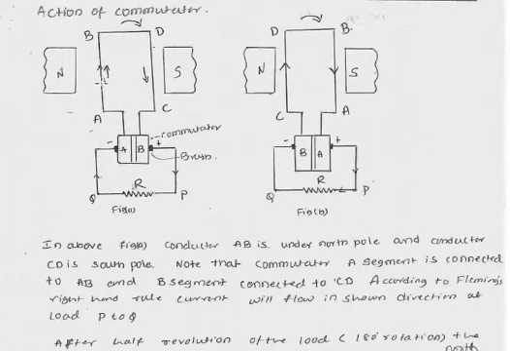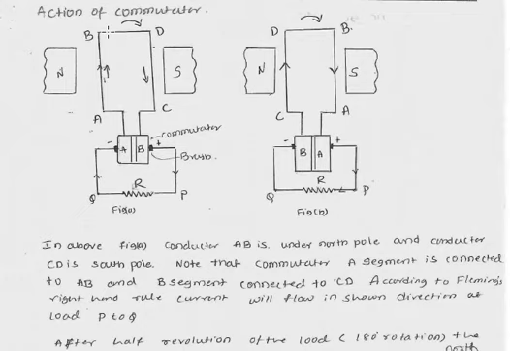Now in this particular position, if I want to find the direction of the current in the conductor AB, we are going to use Fleming's right hand rule. This particular conductor is rotating clockwise. At this position it is moving vertically upward, right?